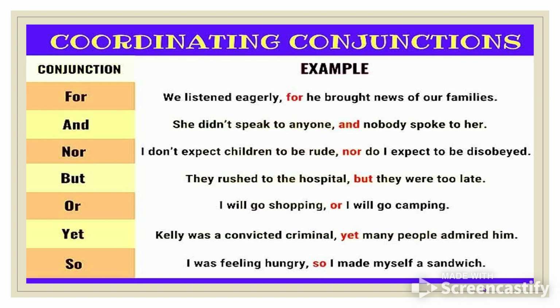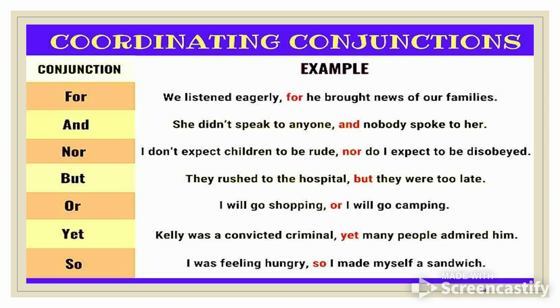Now let's take up some of the examples for these words. To start with the first word, for: we listened eagerly, for he brought news of our families. And: she didn't speak to anyone, and nobody spoke to her. The next word is nor: I don't expect children to be rude, nor do I expect to be disobeyed.